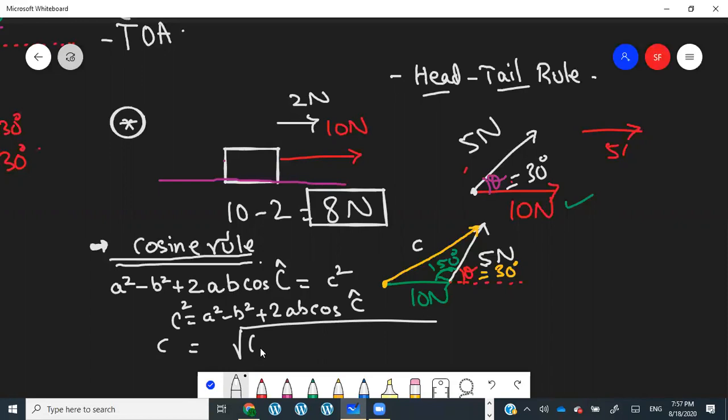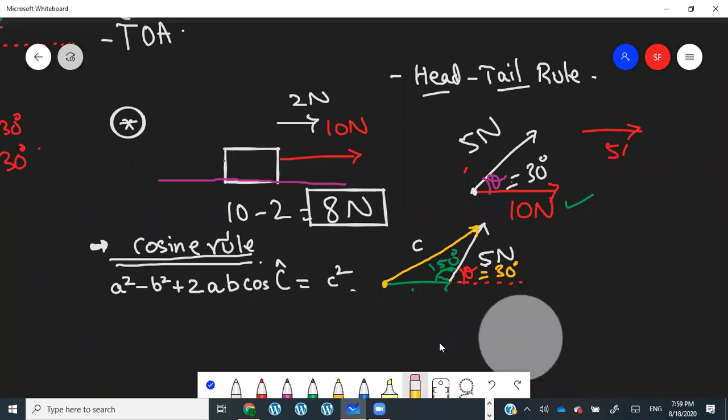Can you please plug this into the calculator? 10 squared minus 5 squared plus 2 times 10 into 5 times cos of angle c, which is 150 degrees, and make sure your calculator is in degree mode. And this turns out to be, there has been an error, just a sec. Basically, this isn't the correct formula for the cosine rule.